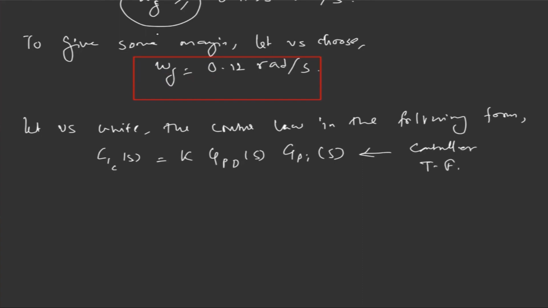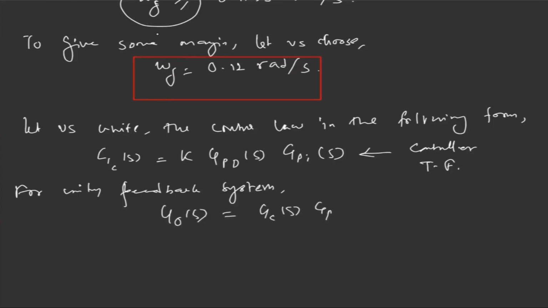And for the unity feedback system, we know that the open loop transfer function you can write as G naught of s is equal to Gc(s) and Gp(s).